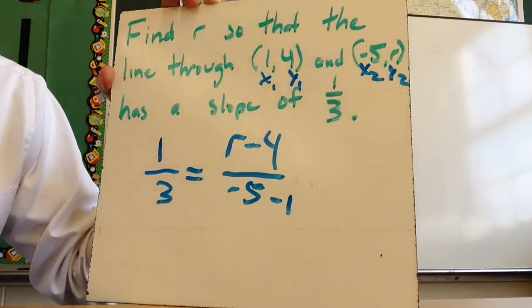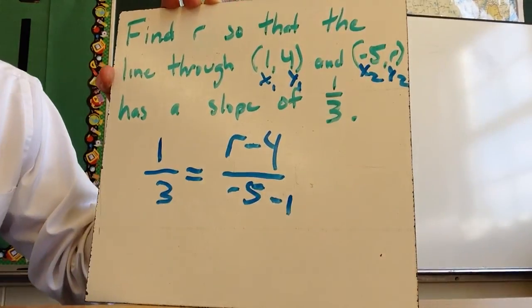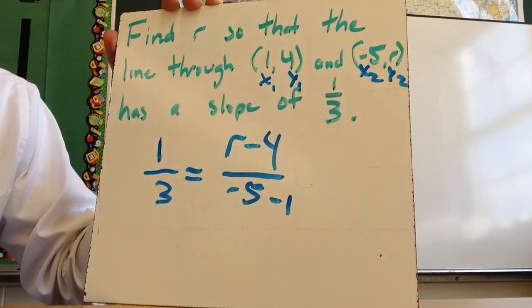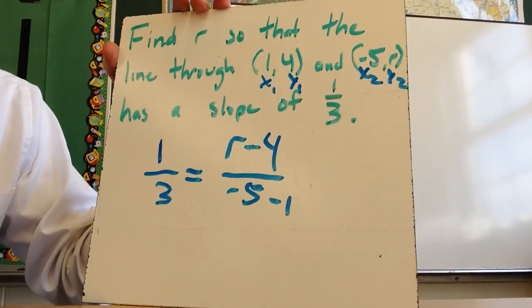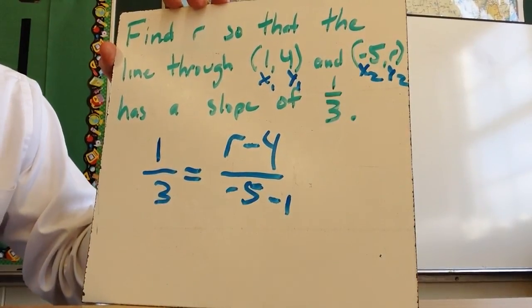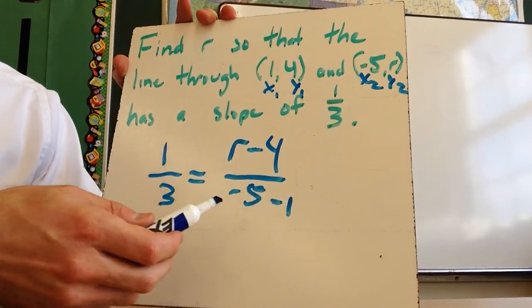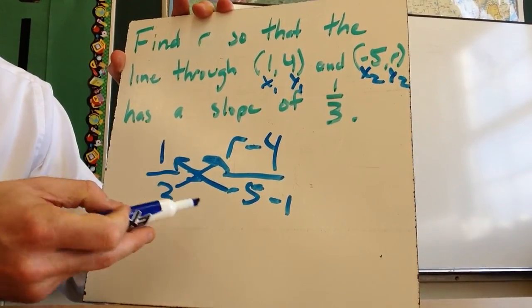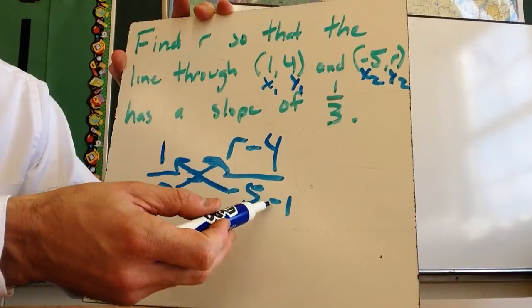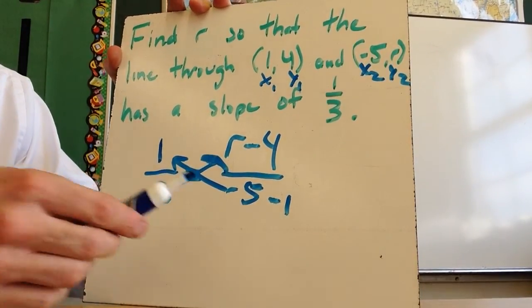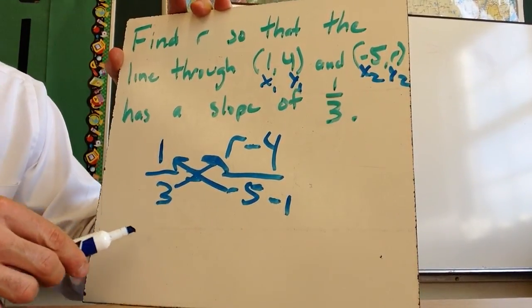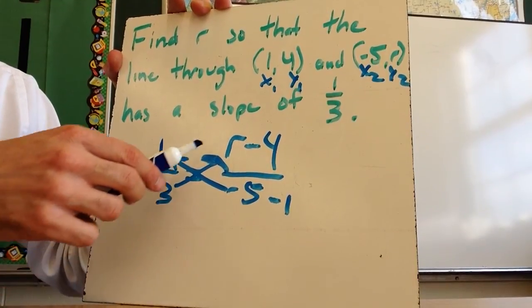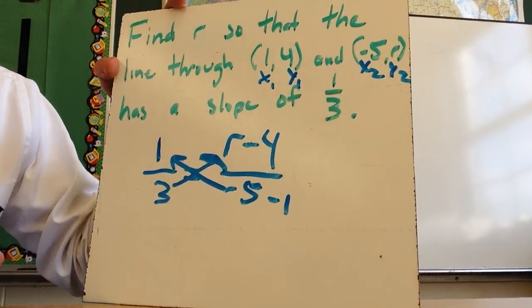Now, I need to solve for r. I need to get r by itself. So if you think back to chapter 2, which is what we worked on, how could I solve this problem? I'm going to simplify this and then cross multiply. -5 minus 1 is -6. So -6 times 1 will give me this side, and 3 times r minus 4 is going to be on that side.